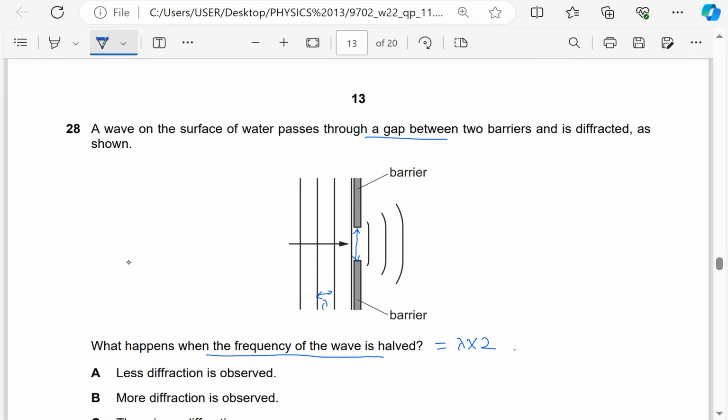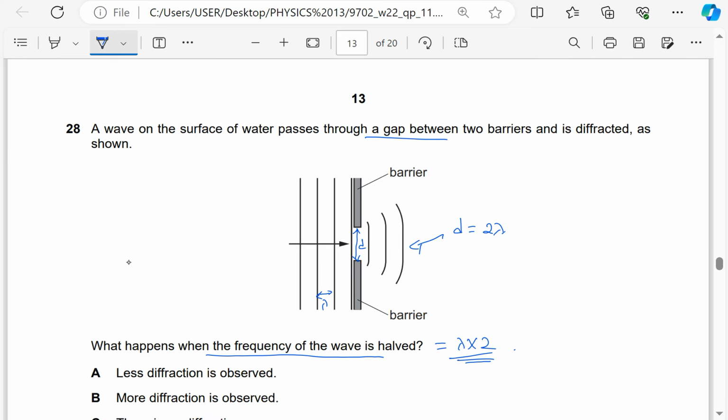Let's say this distance is d. We are seeing that d is equal to twice the wavelength here. So if we halve the frequency, we double the wavelength.